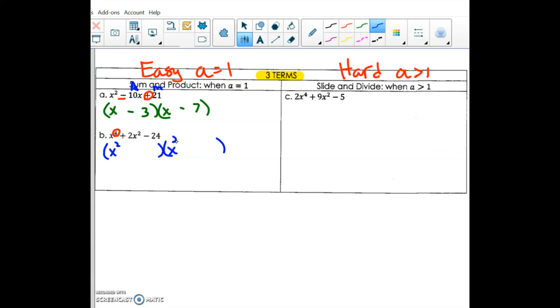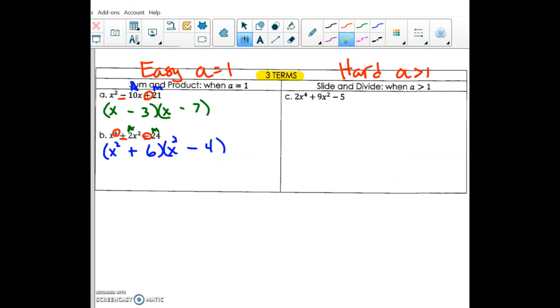What multiplies to give you 24 and subtracts to give you a 2? Okay? So we're looking at a 6 and a 4. Signs are going to be different, and the larger number carries the sign. So therefore, the 6 gets the positive, and the 4 gets subtraction.